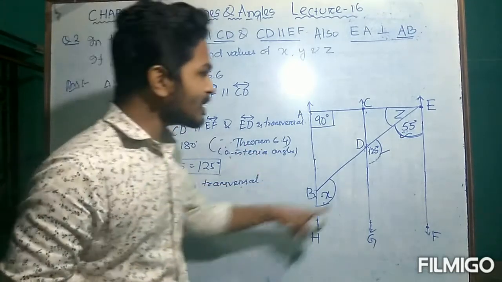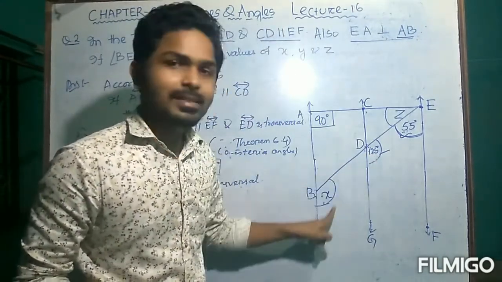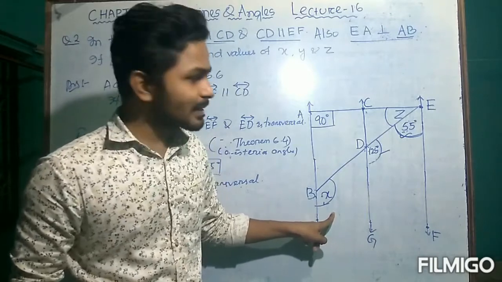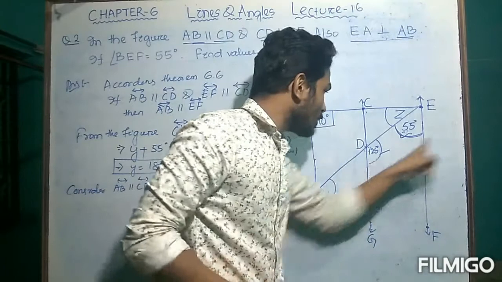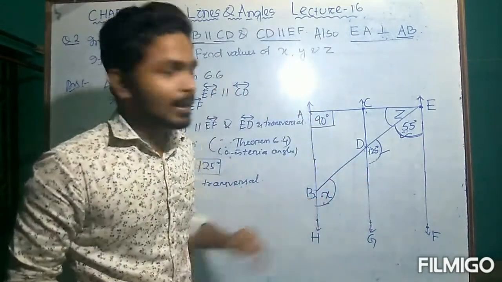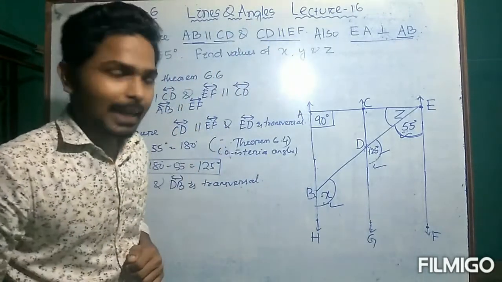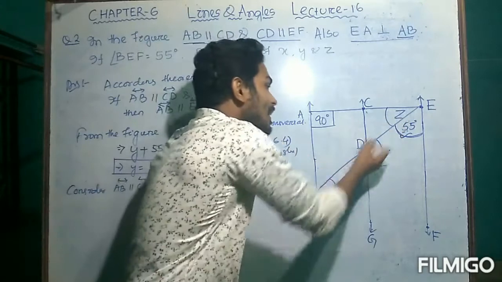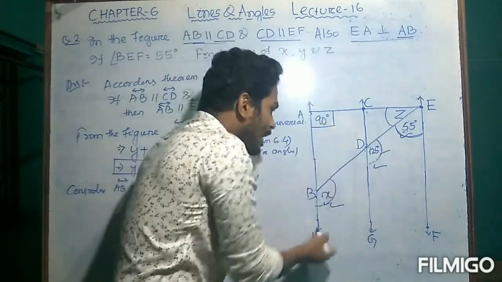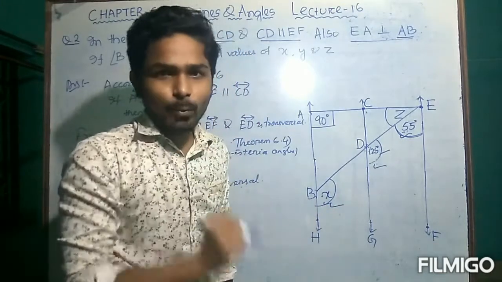Then tell me, what is the relationship between this angle and this angle? These two angles are known as corresponding angles because both lie on the same side, one towards the exterior, one towards the interior. Then according to theorem 6.3, we know that if a transversal line intersects any two parallel lines, then the pair of corresponding angles must be equal.